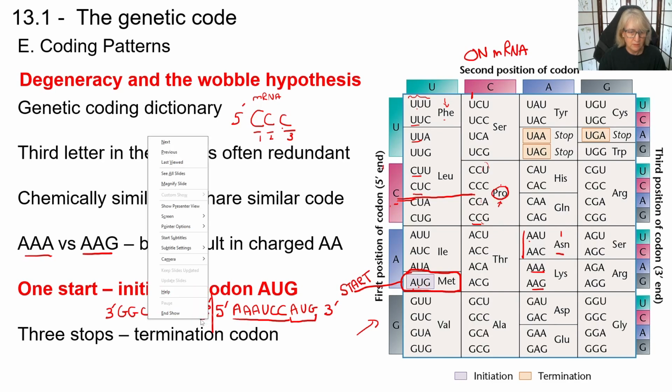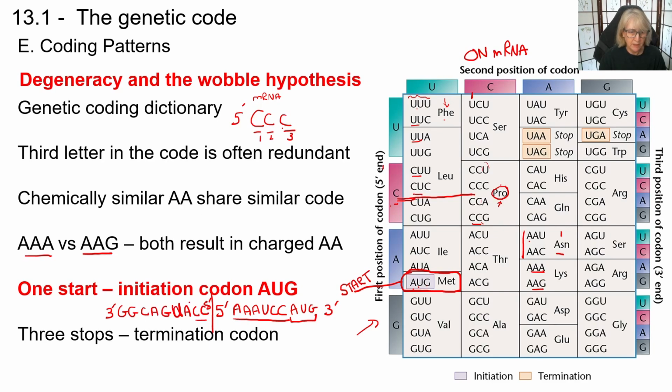The ribosome is going to skip the beginning, find A, U, G in this sequence, and this is going to be the start. You start from the 5' reading the mRNA transcript, and then you look for AUG. That places this amino acid. That's the beginning of every protein in most living things.